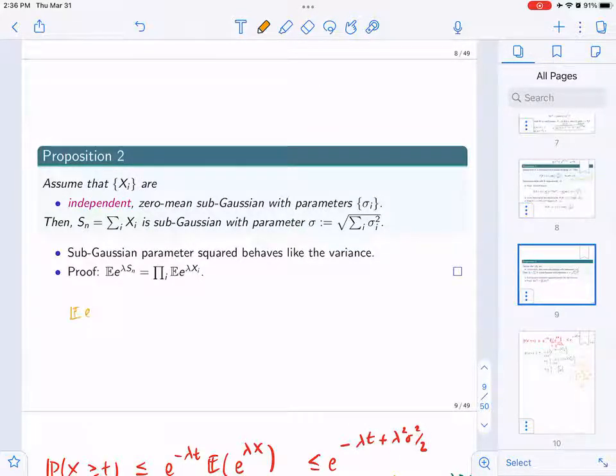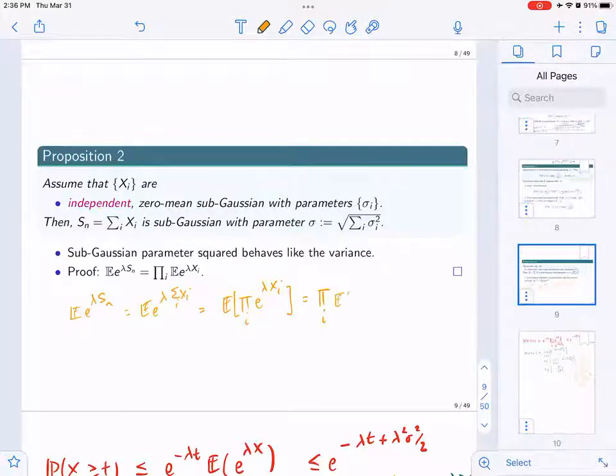So the expectation of e to the negative lambda summation xi is just the expectation of the product of e to the negative lambda xi, and by independence, this is where independence comes in, you move the product outside.